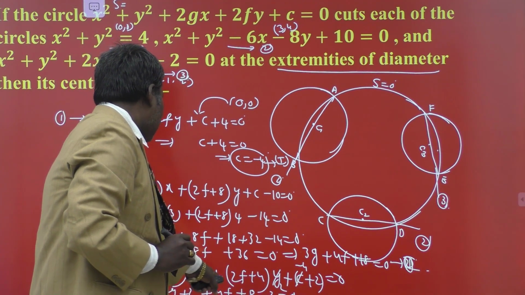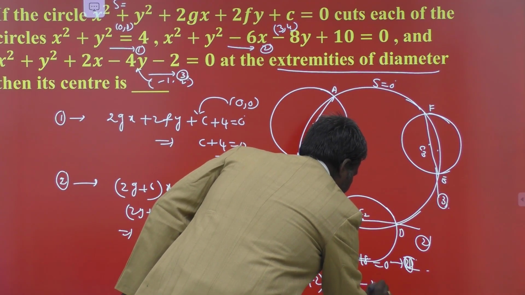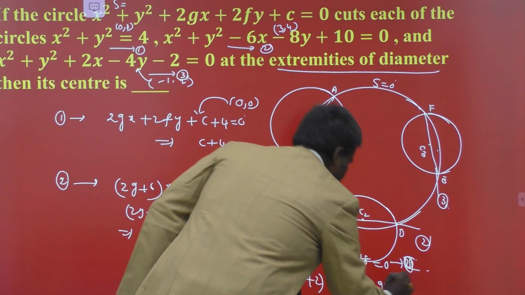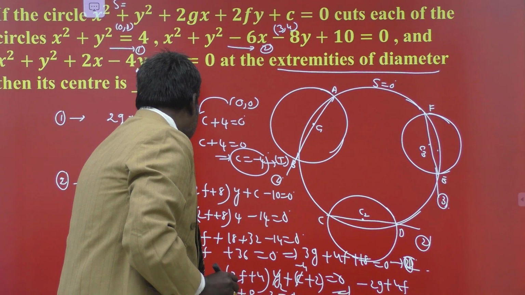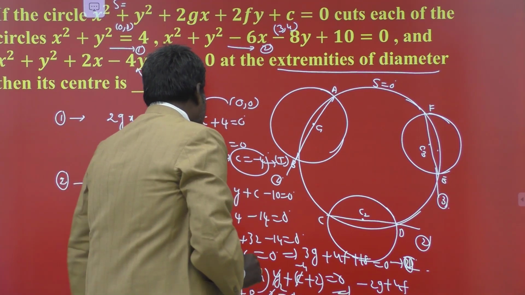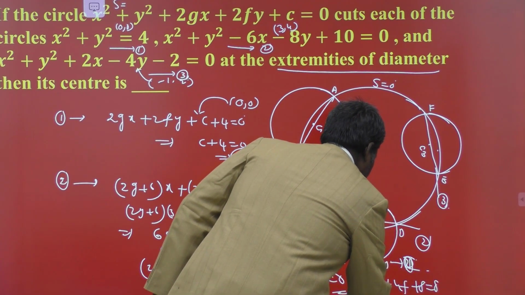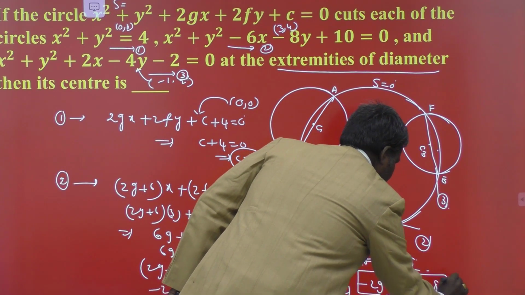So minus 2g plus 4f, plus 2 minus 2 gets cancelled, plus 8 is equal to 0. This is Roman 3.